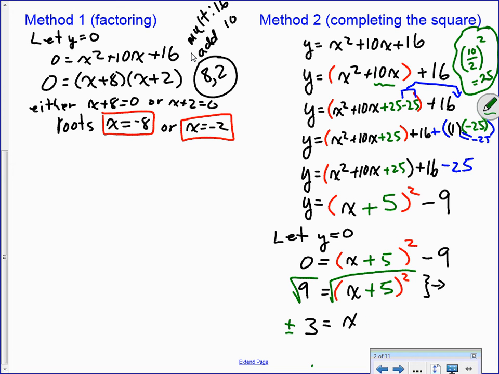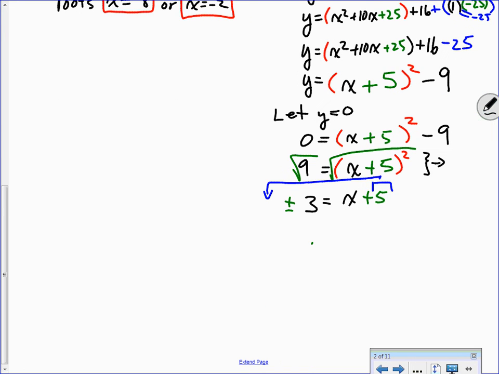is equal to x plus 5. Now we'll go and take this plus 5, and we're going to move it to the front of this equation. And now we're left with x is equal to negative 5 plus or minus 3. So this gives us two possibilities.